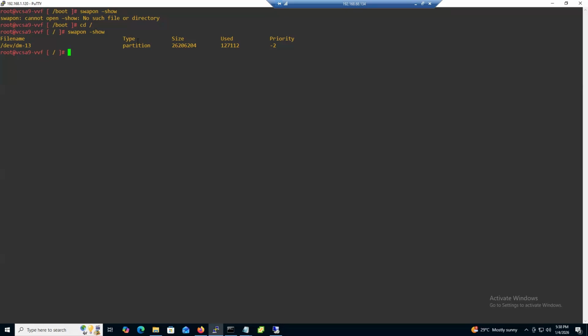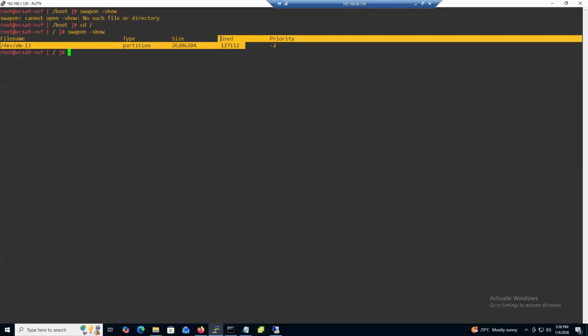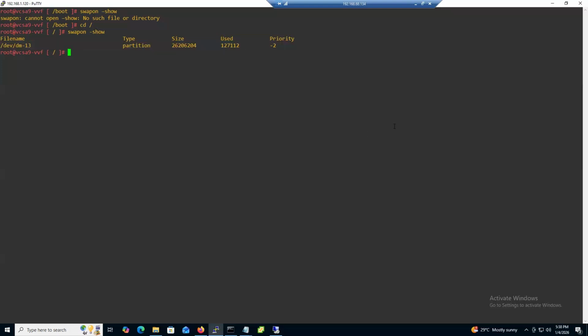Then the type is partition, because sometimes a file can also be used for swap in Linux. Then size is almost 25 GB, and used is some 122 MB, sorry, 122 MB has been used here, and priority is -2.